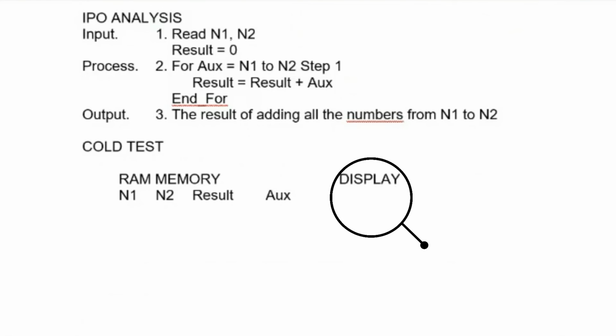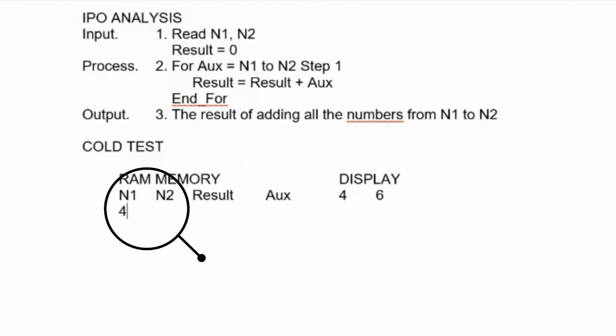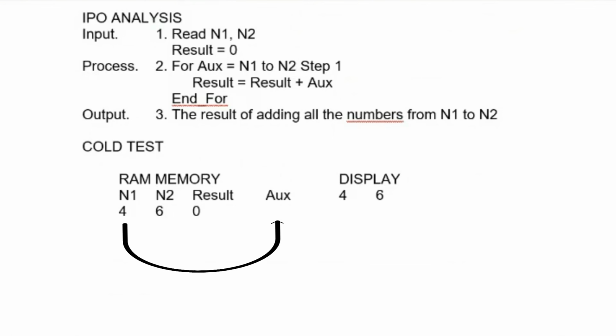Suppose you receive number 4 and number 6. That means 4 will be stored here and 6 will be stored in N2. Result is equal to 0. Then for aus. Aus begins in N1, that means 4.